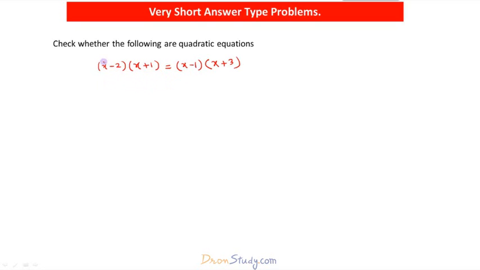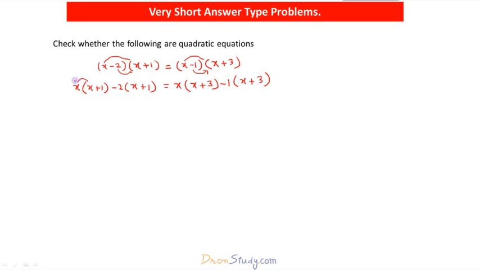Multiply by x to this bracket and multiply by 2 to this bracket, so we will get x into bracket x plus 1 minus 2 into bracket x plus 1, which is equal to, similarly, multiply by x to this bracket and by minus 1 to this bracket, so it will be x into bracket x plus 3 minus 1 into bracket x plus 3.